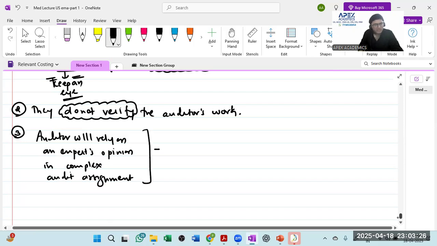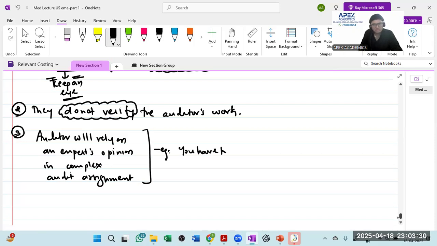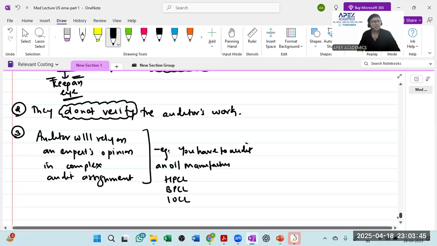For example, you have to audit an oil manufacturer, my God, such as say HPCL or say BPCL or say IOCL, Hindustan Petroleum Corporation, Bharat Petroleum Corporation, Indian Oil Corporation.